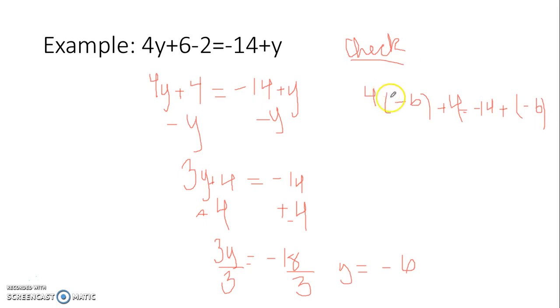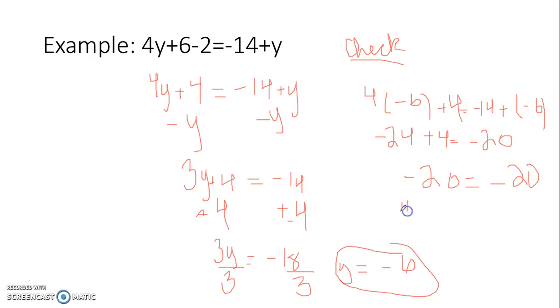Okay, so 4 times negative 6 is negative 24, plus 4 equals, we have negative 14 plus negative 6, which is negative 20. Okay, and then negative 24 plus positive 4 is negative 20. So negative 20 is equal to negative 20. So we have the right answer of y is equal to negative 6, since this checking works out.